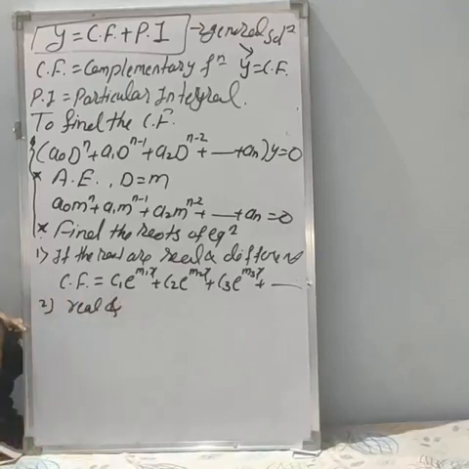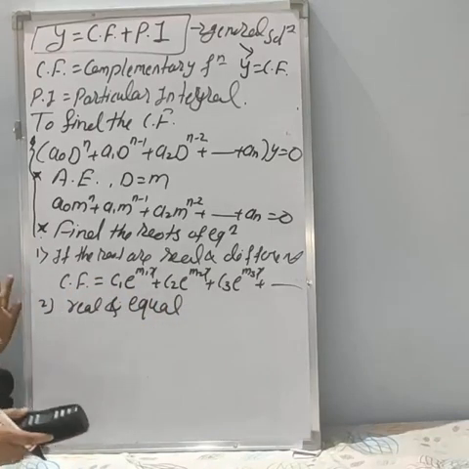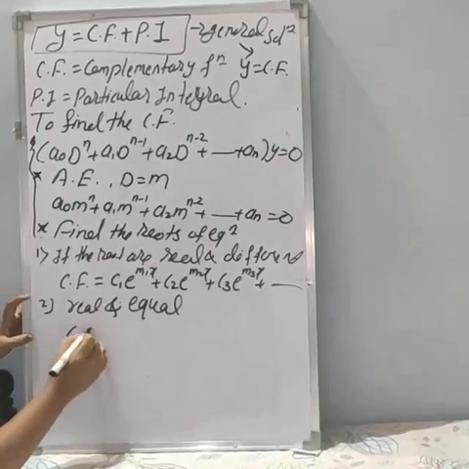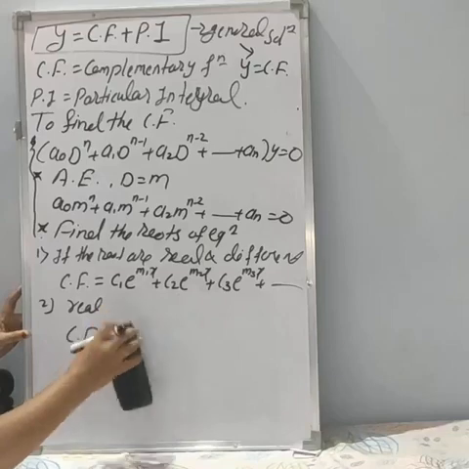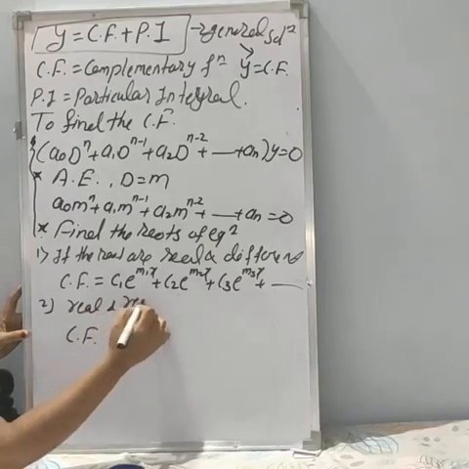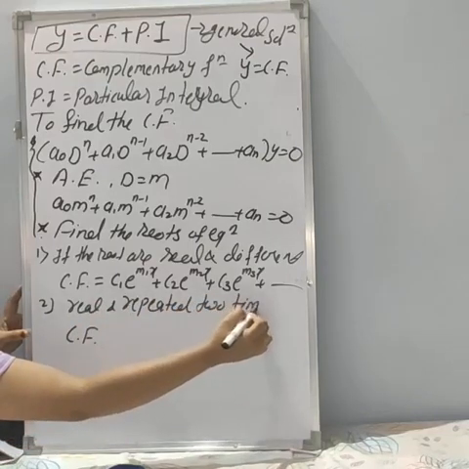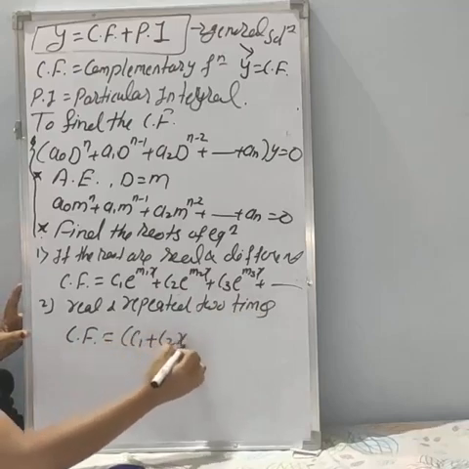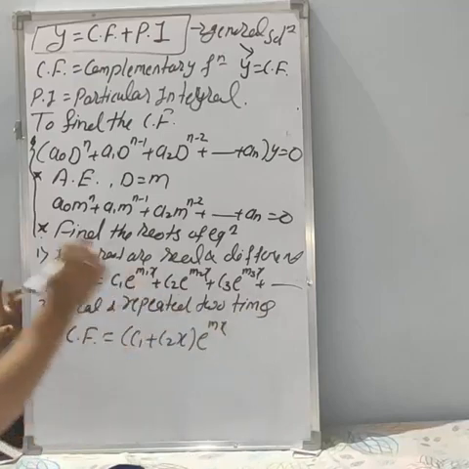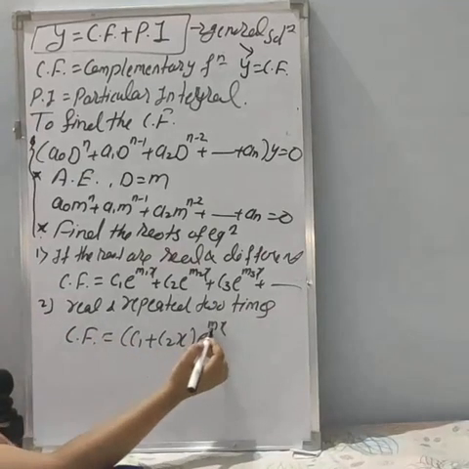If the roots are real and equal, not different, or you can say repeated 2 times, then the complementary function is given by c1 plus c2x, times e to the power of mx, where m is the repeated root.